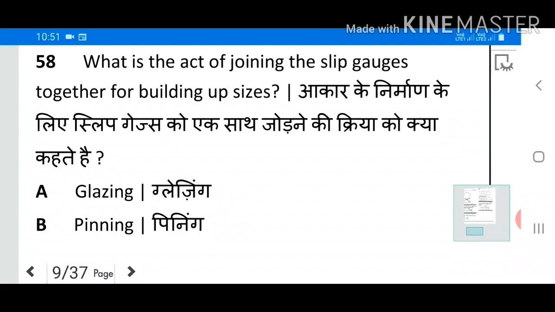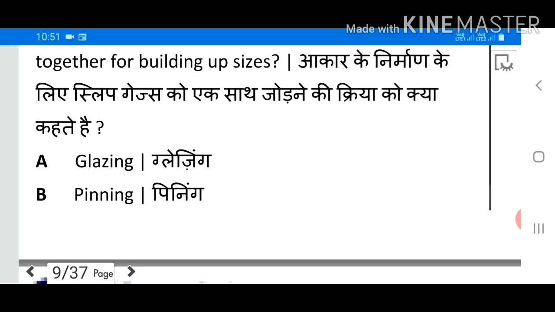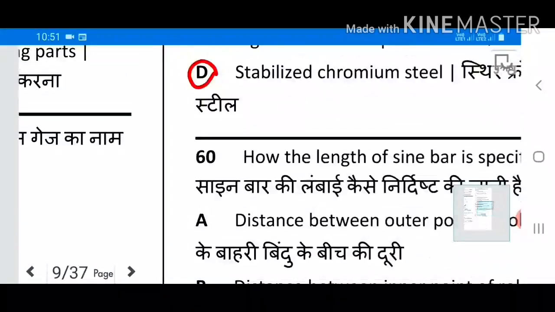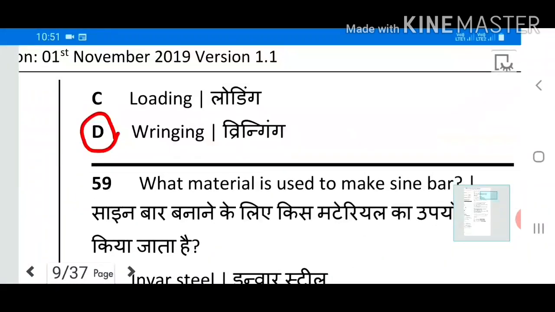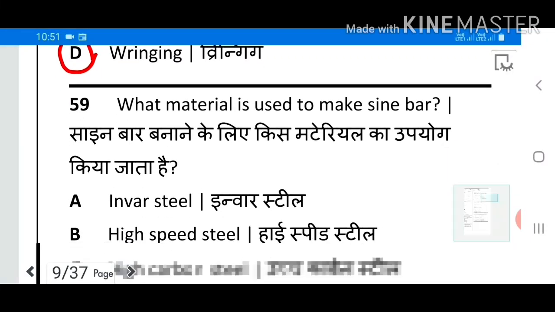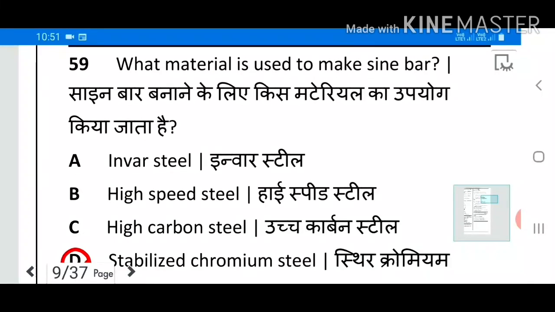58. What is the act of joining the slip gauges together for building up sizes? Answer D. Ringing. 59.